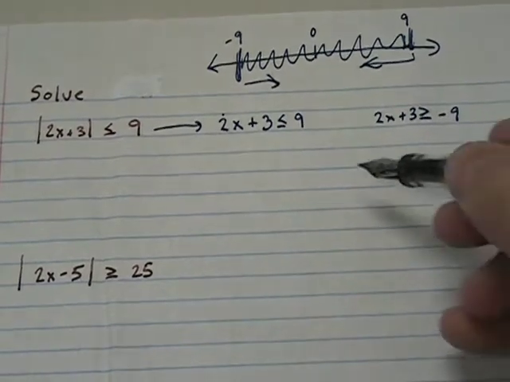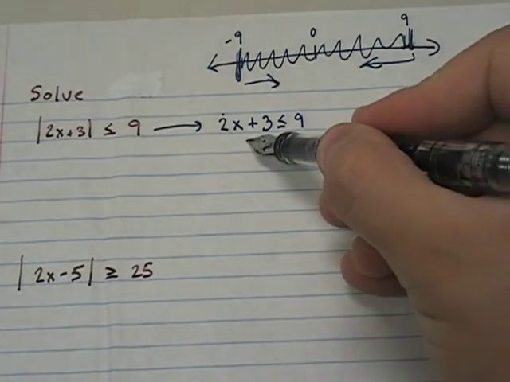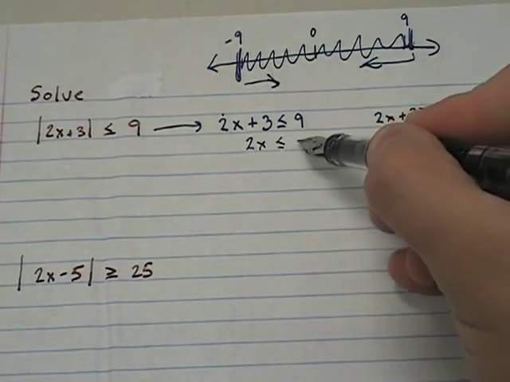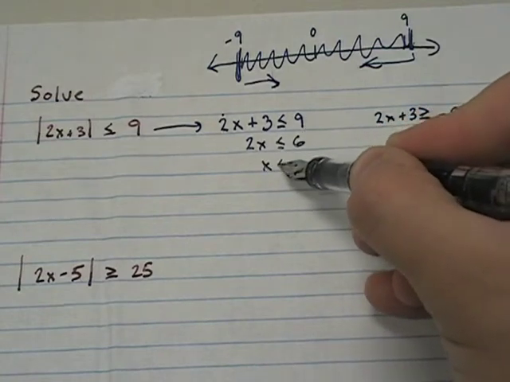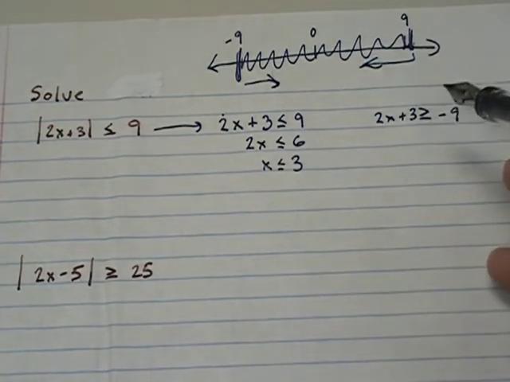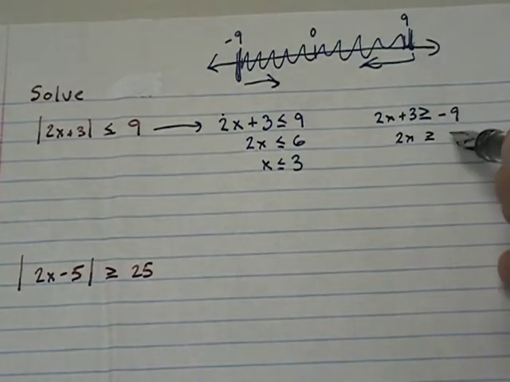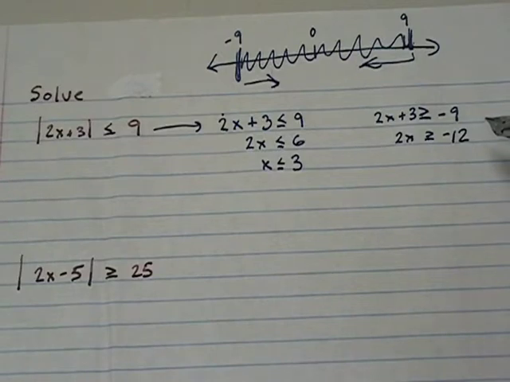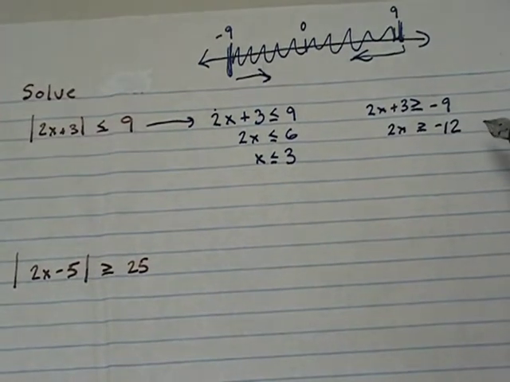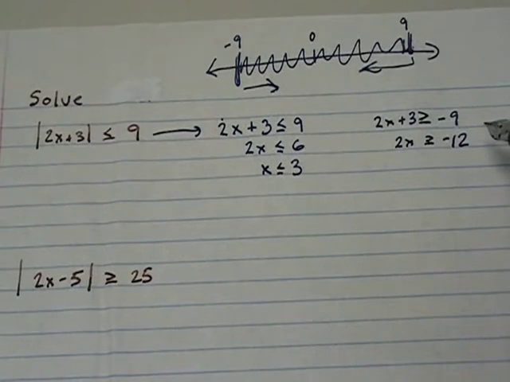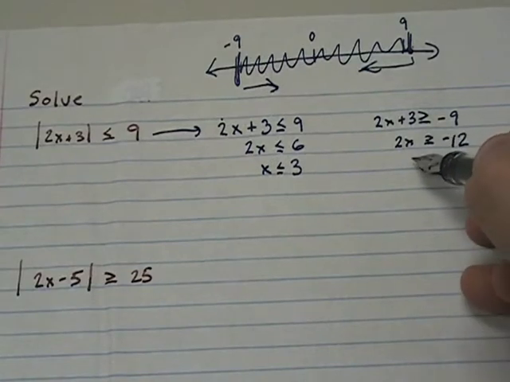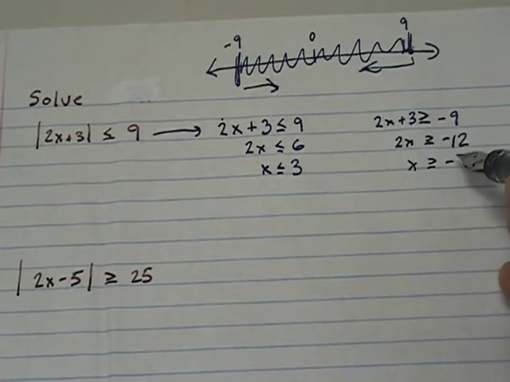So you solve these two inequalities: 2x is less than or equal to 6, so x is less than or equal to 3. Over here, 2x is greater than or equal to -12, and dividing by 2, x is greater than or equal to -6.